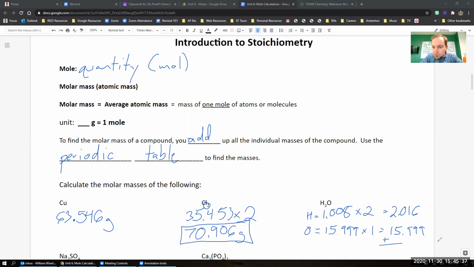I'm going to add those two together to find the molar mass of water. 15.999 plus 2.016 is 18.015. I could have done that in my head, right? Oh well. That's the molar mass of water. So if I had 6.022 times 10 to the 23rd molecules of water sitting in a container, it would weigh 18.015 grams.